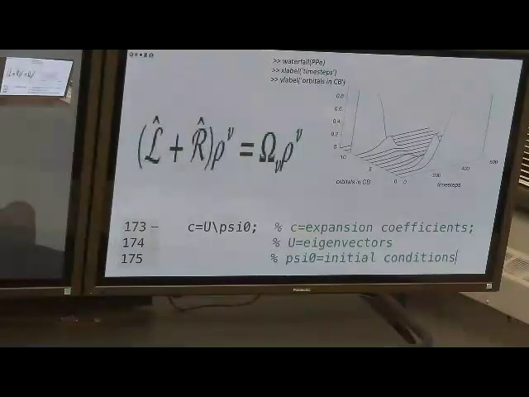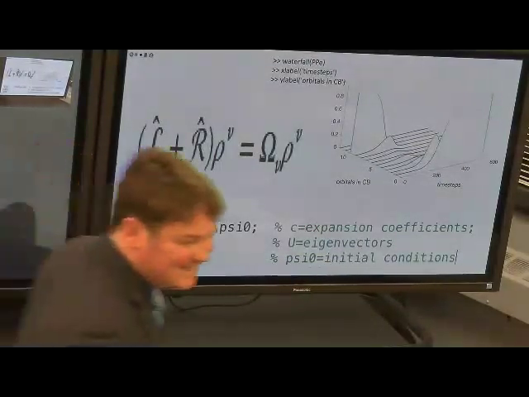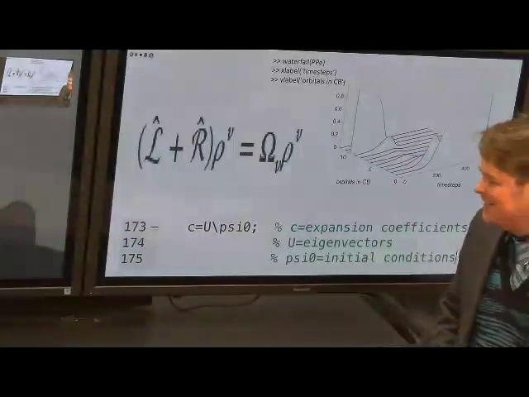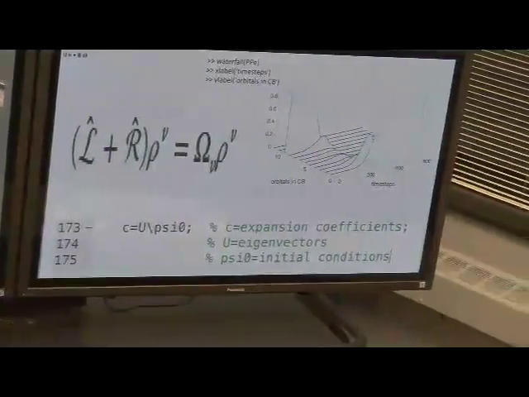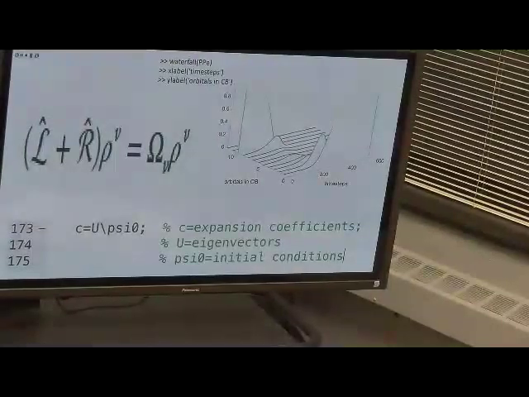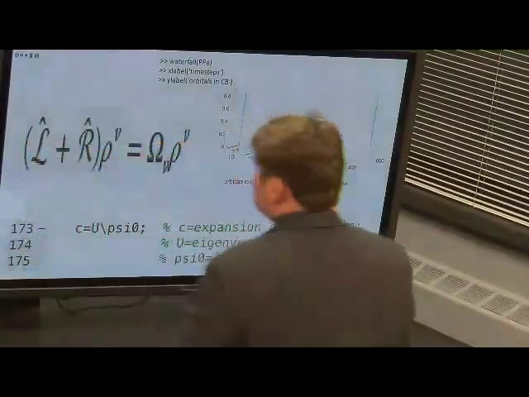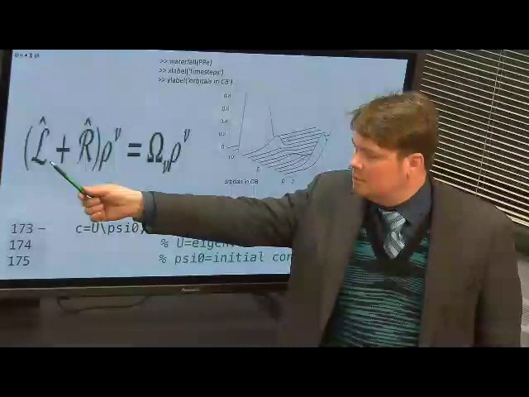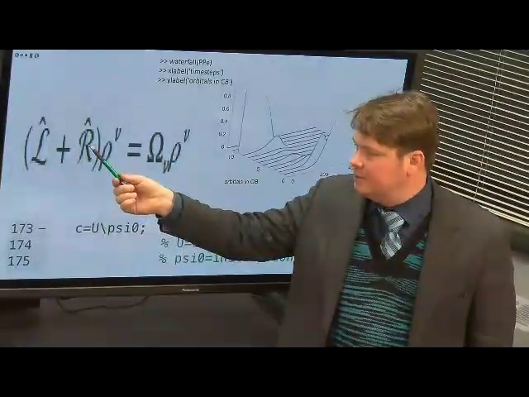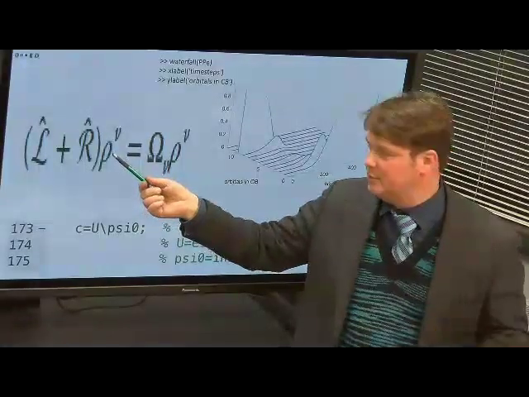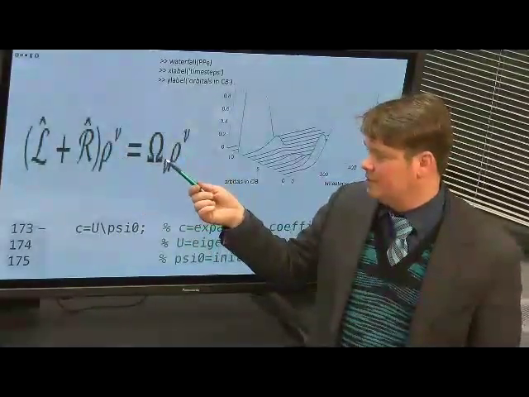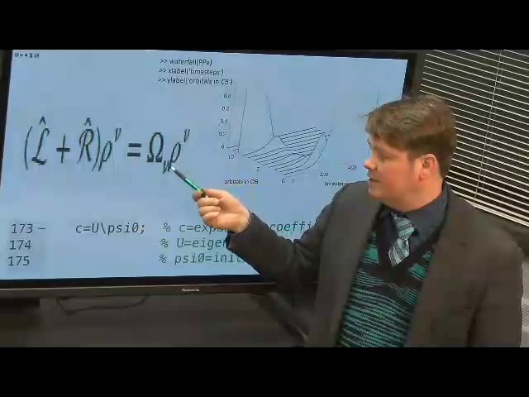I have a big temptation to say that the rest is trivial. So, Liouvillean plus Redfield act on the density matrix eigenvector. The density matrix eigenvector gives this eigenfrequency and again the eigenvector.